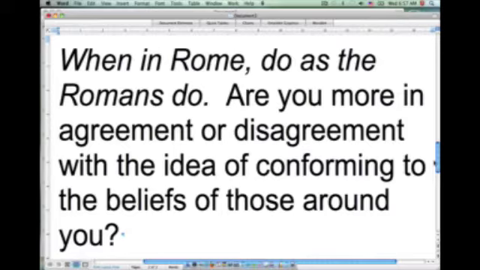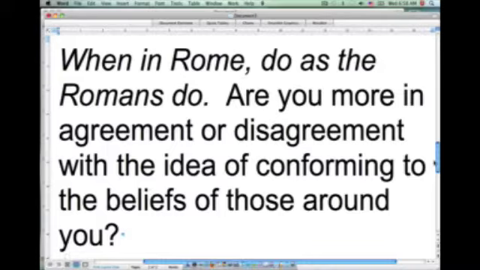So basically the essay question has a bit of background, which is a proverb. When in Rome, do as the Romans do. And the question itself reads, are you more in agreement or disagreement with the idea of conforming to the beliefs of those around you?